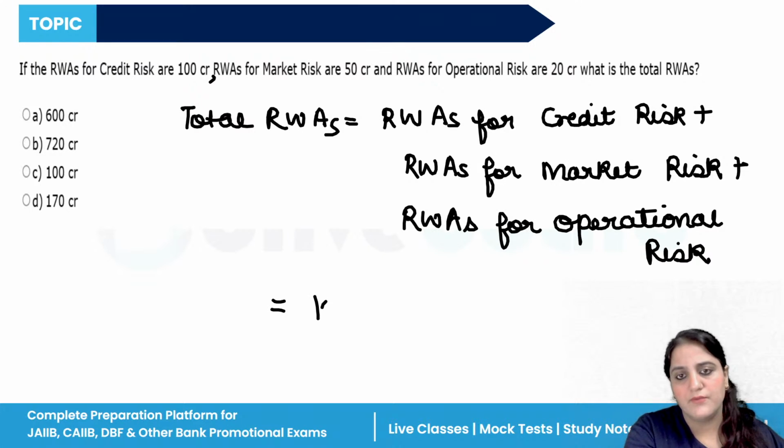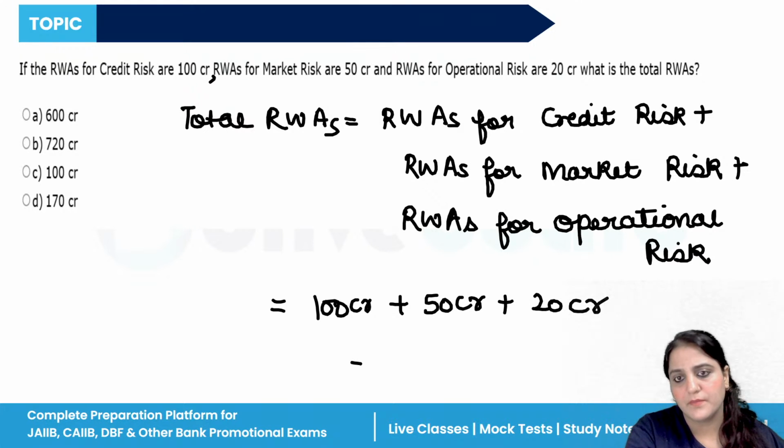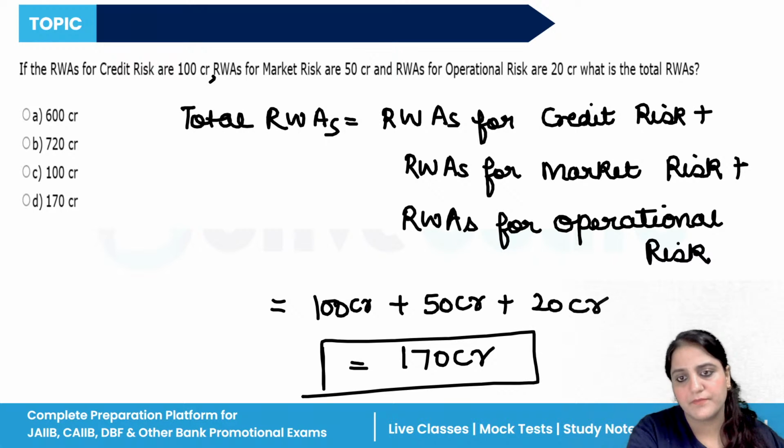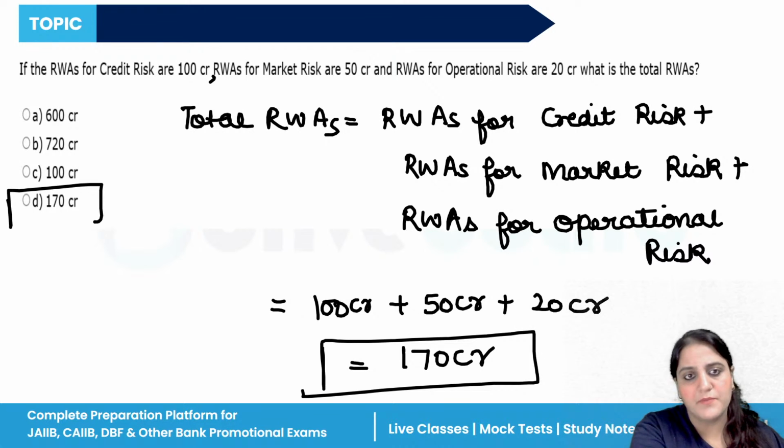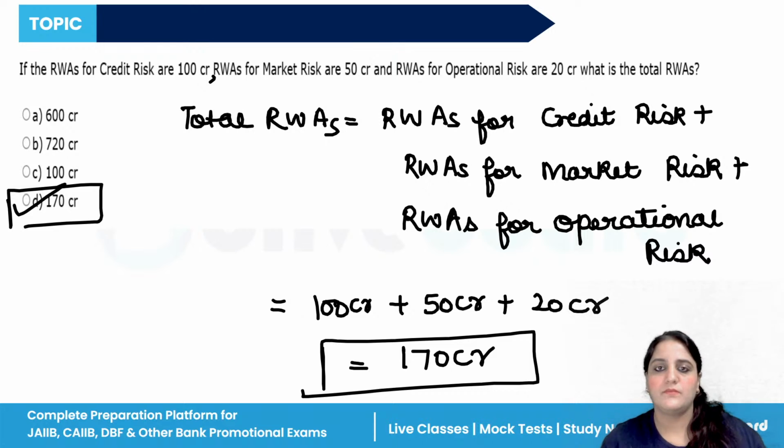So it is 100 crore plus 50 crore plus 20 crore. So it is equals to 170 crore. The answer is option D. Let's do the total sum of credit risk, market risk, and operational risk.